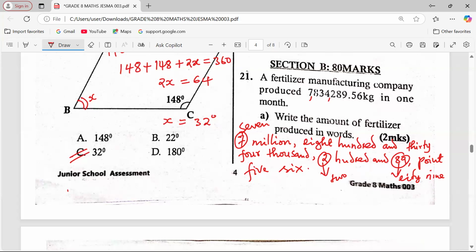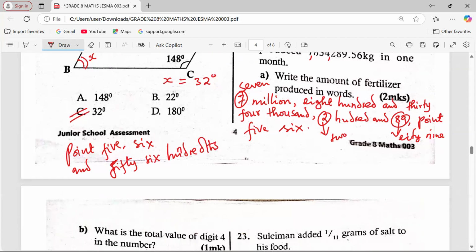So instead of 0.56, you can say and 56 hundredths. That can be the same.